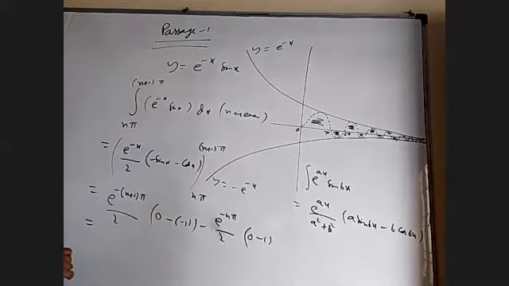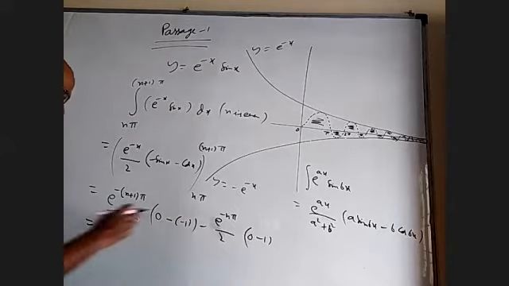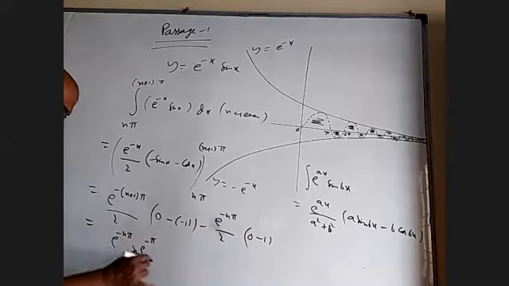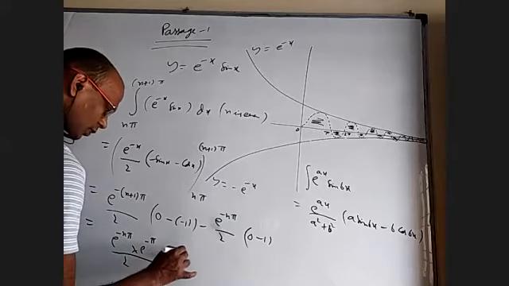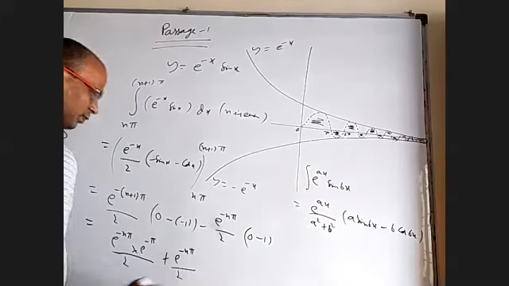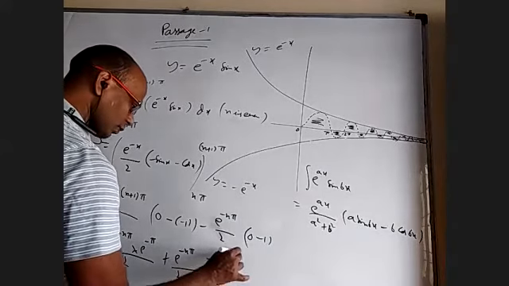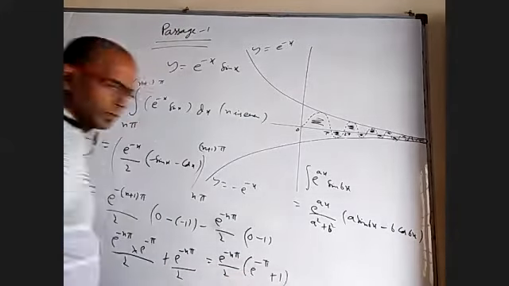So this is plus 1, and this is also plus. So I got e power minus n pi. I'm splitting this into e power minus pi by 2 plus e power minus n pi by 2. If I take e power minus n pi by 2 common, I'll get e power minus pi plus 1.